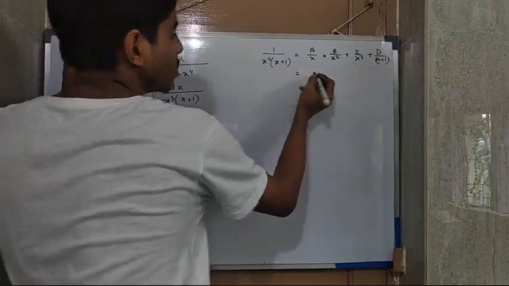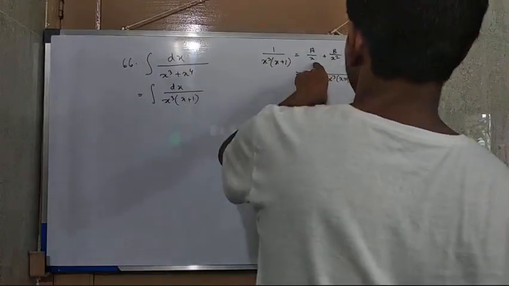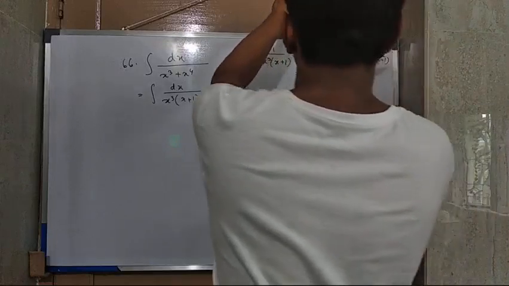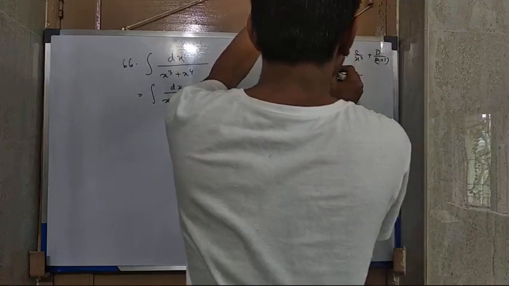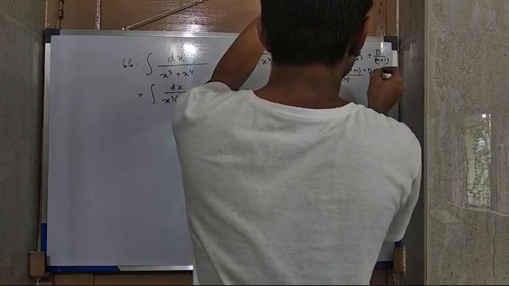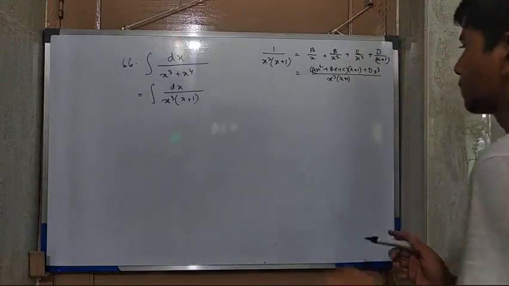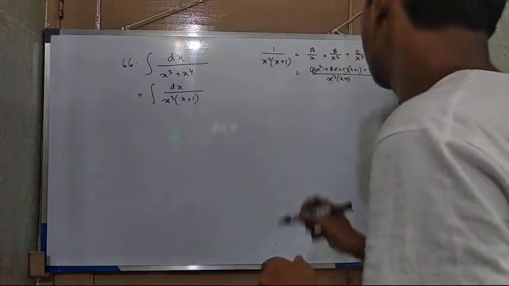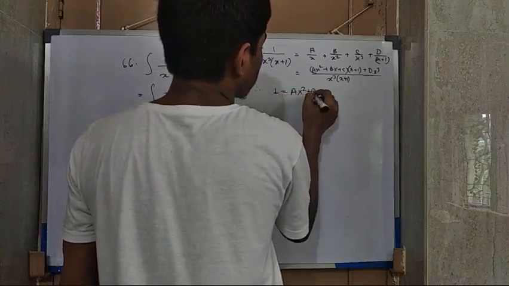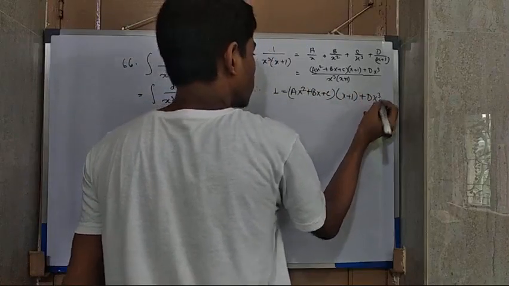So this is x cube times x plus 1, and this is ax squared plus bx plus c times x plus 1 plus dx cube. So that means 1 is equal to ax squared plus bx plus c times x plus 1 plus dx cube.